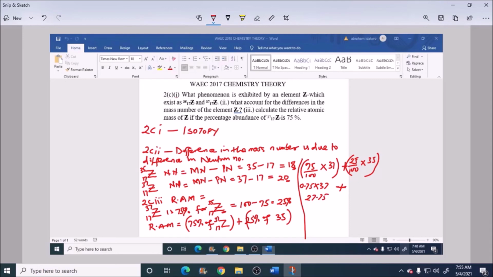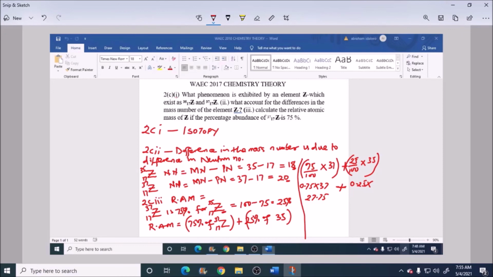Then for this one, we are going to have 25 divided by 100, then we are going to have 0.25 multiplied by 35.